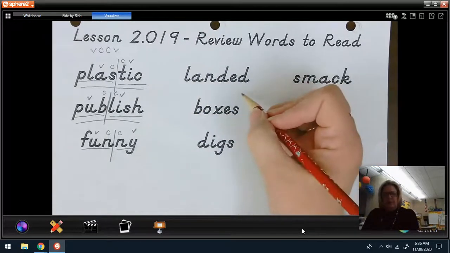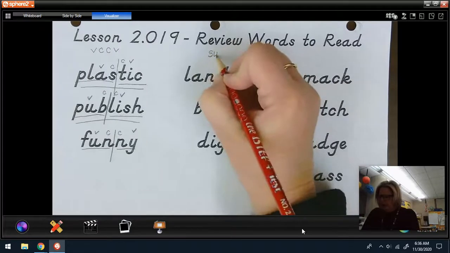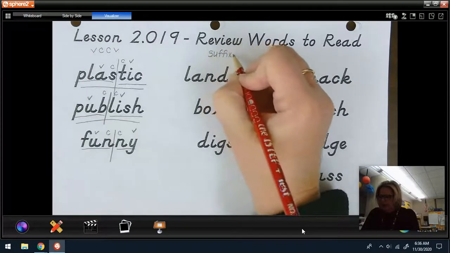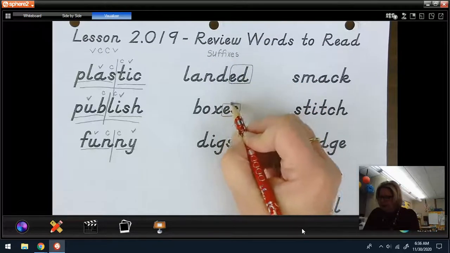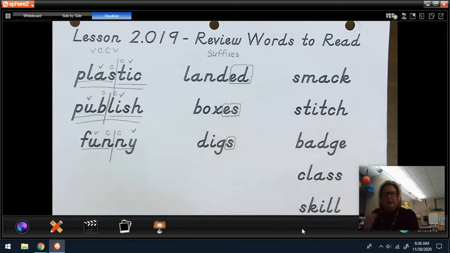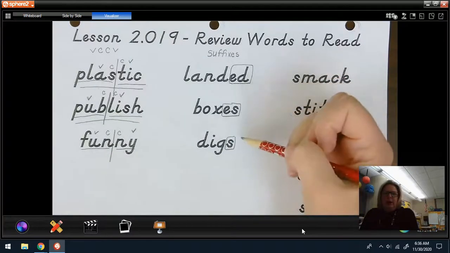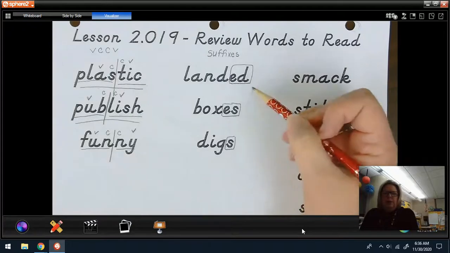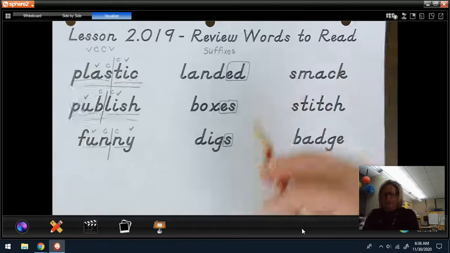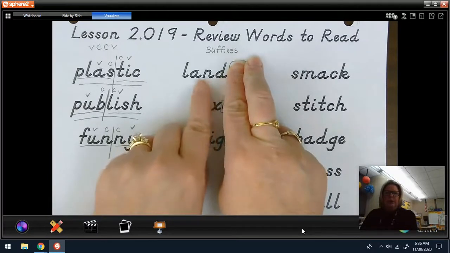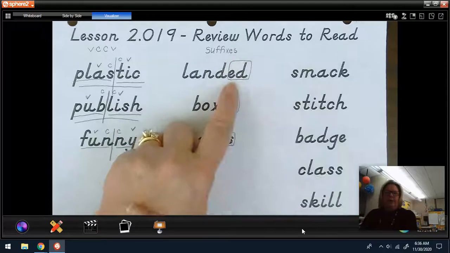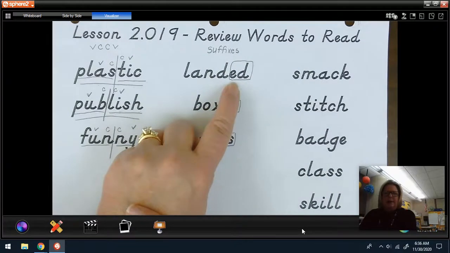All right, these words all have suffixes on the end of them. Here is a suffix, here is our suffix, and here is the suffix. Remember, suffixes are a letter or letters that you put at the end of a word, and it changes the meaning of the word. So if you cover up the suffix, the word that you are left with is called the base word. In this instance, this base word is land. We've added the suffix ed.